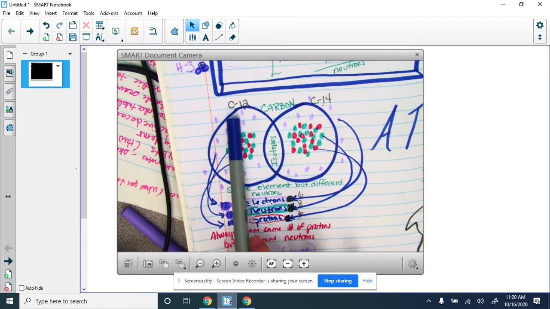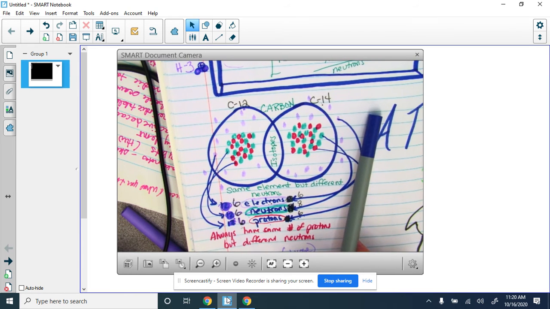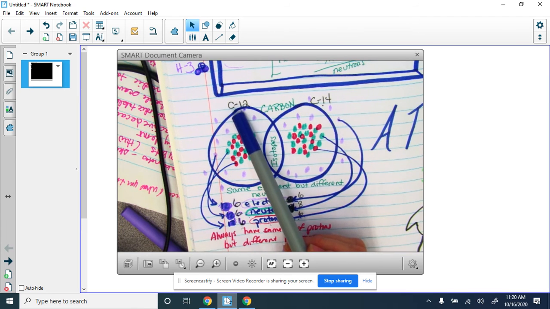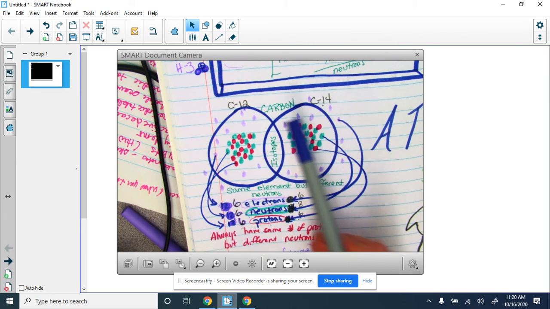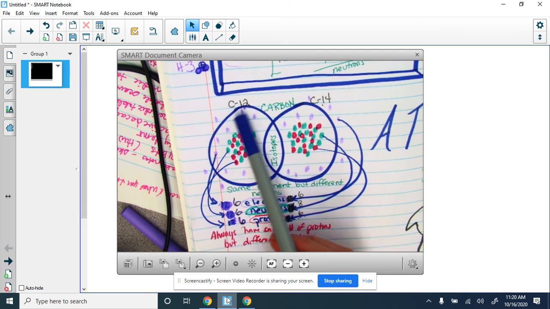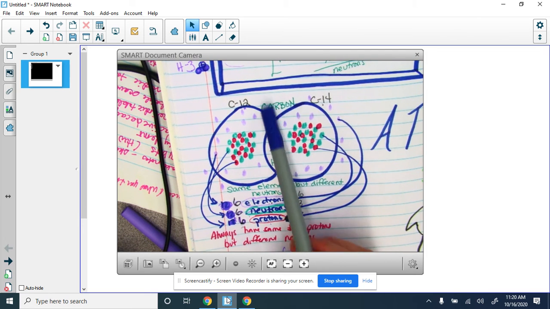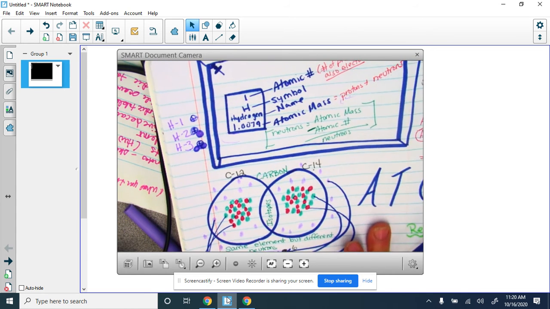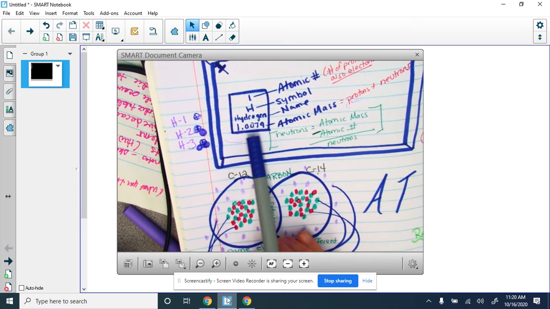So maybe it would be C12, C13, and C14. We would have more C12 than we'd have C13 and C14. But what we do is we take the percentage of the C12, the percentage of the C13, and the percentage of the C14, and then we can figure out what the atomic mass is, and that's where this decimal comes in.